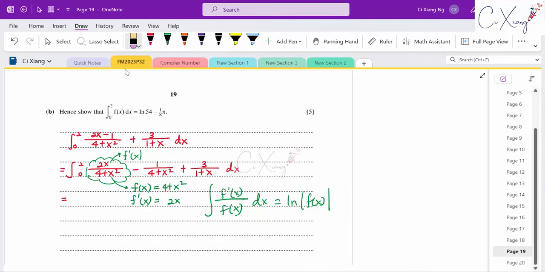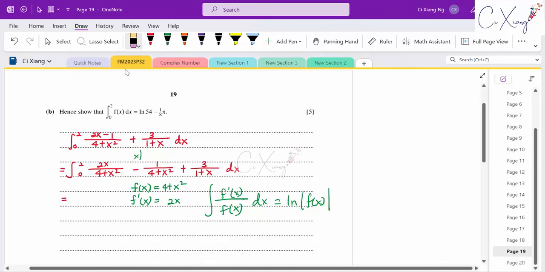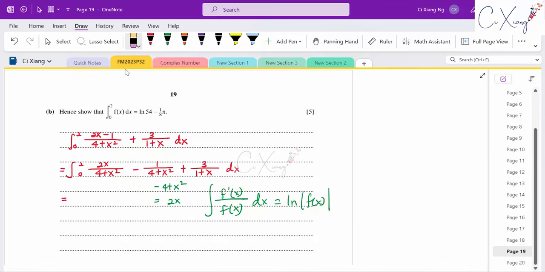Okay, so for the first term, after the integration, I will have ln fx, where the fx is the denominator here, right? Therefore, after the integration, I will have ln fx, and the fx here is 4 plus x squared. I put the modulus sign here because we should know that the value in the ln should be always a positive value, right?